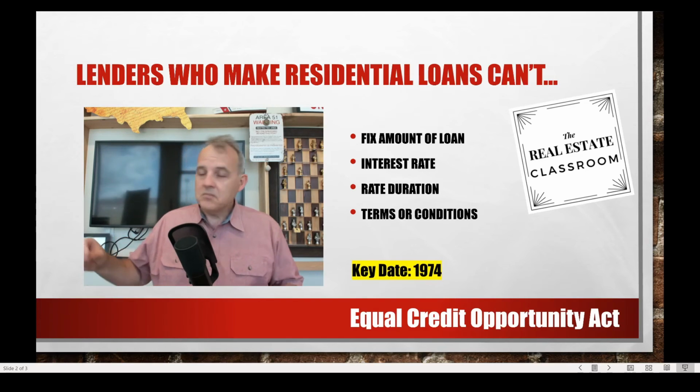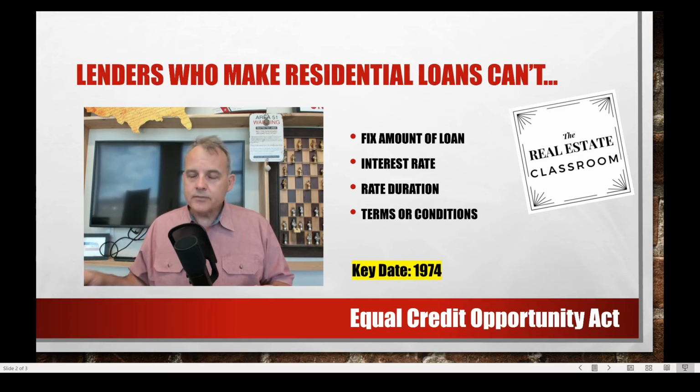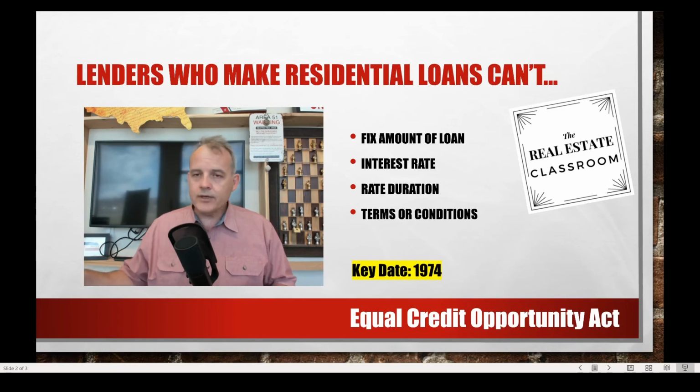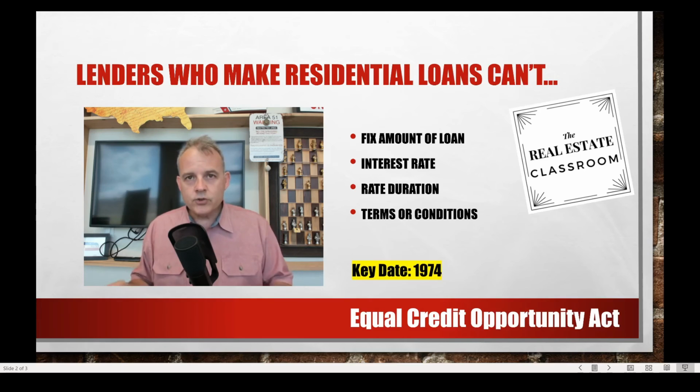It's not focusing or targeting one particular class of people. It's across the board. So whether you're African American, Latino, whether you're a male, female, whether you're Catholic, whether you're receiving Social Security, it doesn't matter. We're making our determination whether we're going to loan to you and what the terms and conditions for that loan are going to be based on your financial trustworthiness.